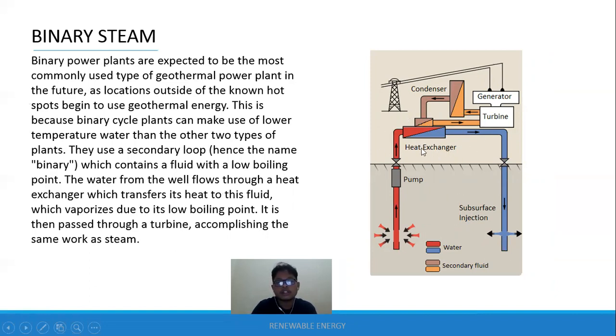And after it produces warm water, the warm water will be injected back to the inside of the earth. When the turbine rotates, the generator will produce electricity and transmit it to the customer.